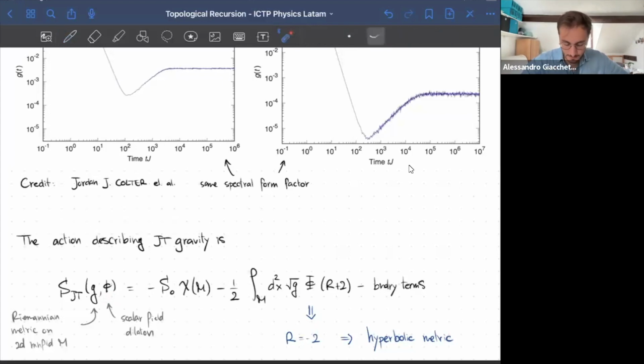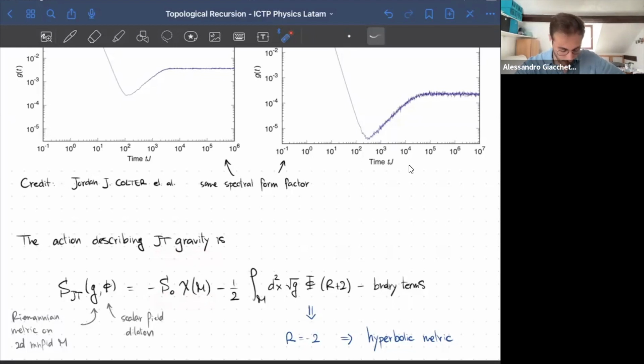And the action is something like this. There's, let's say, a topological term, which is the Euler characteristic of your manifold times S0, which you can think of as a coupling constant. In relation to black holes, it's something like the entropy. And if you think about it in terms of gravity, it's more like 1 over the gravitational constant.